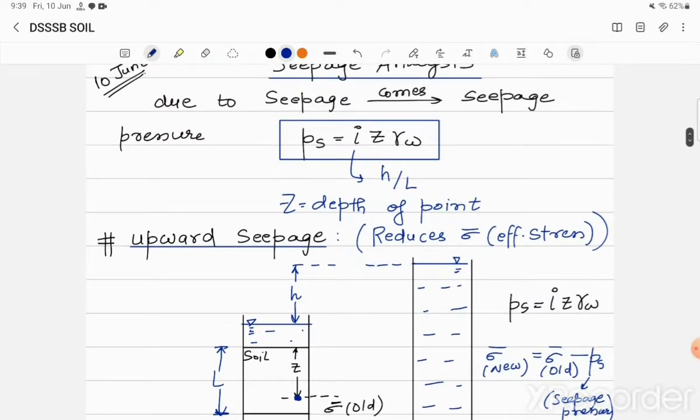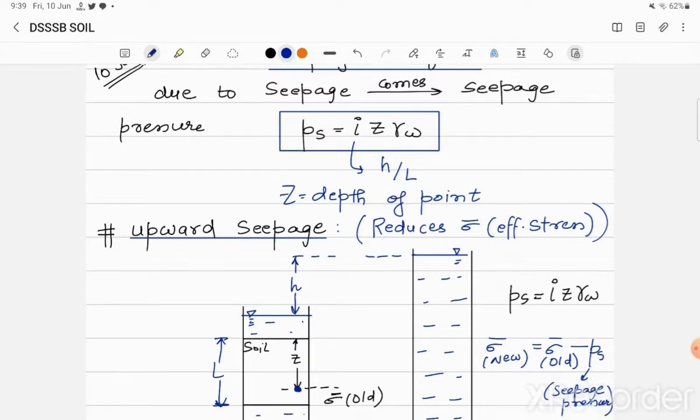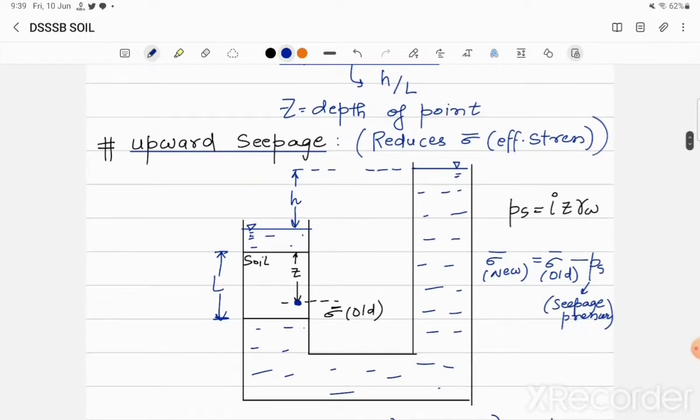Now there are two types of seepages. One is the upward seepage and the other one is the downward seepage. What happens in the upward seepage we'll see now.